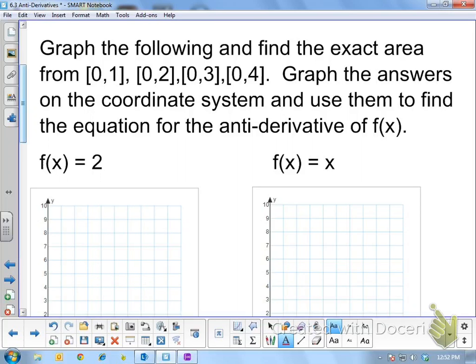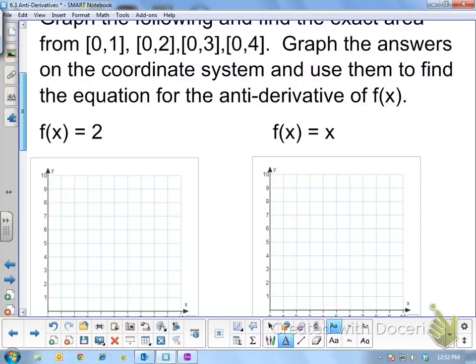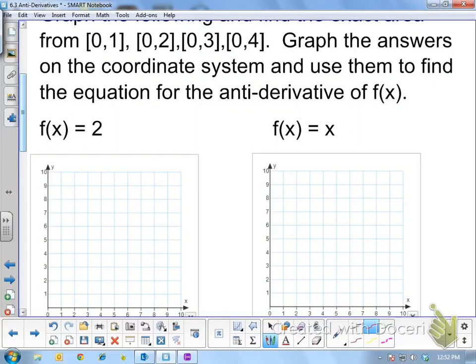A straight horizontal line at 2. So I'm going to graph my line in one color and graph the answers we get in a different color, just any other color, so it doesn't look like we're doing the same thing.